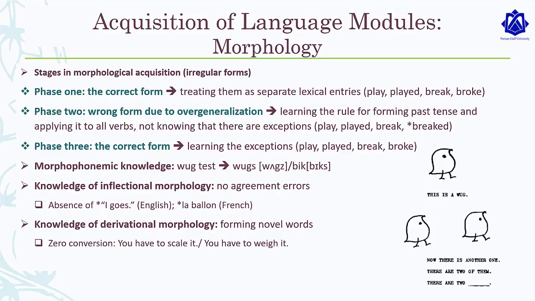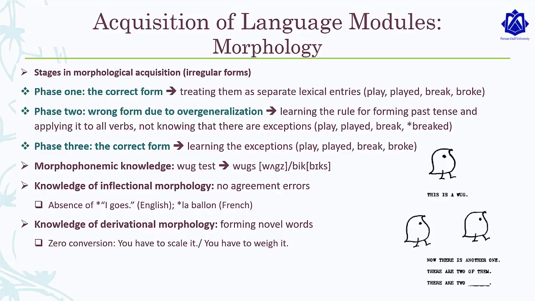Or in Arabic, they have gender and they have number, different numbers. For singular, plural, and dual, and masculine and feminine, they do not make agreement errors.